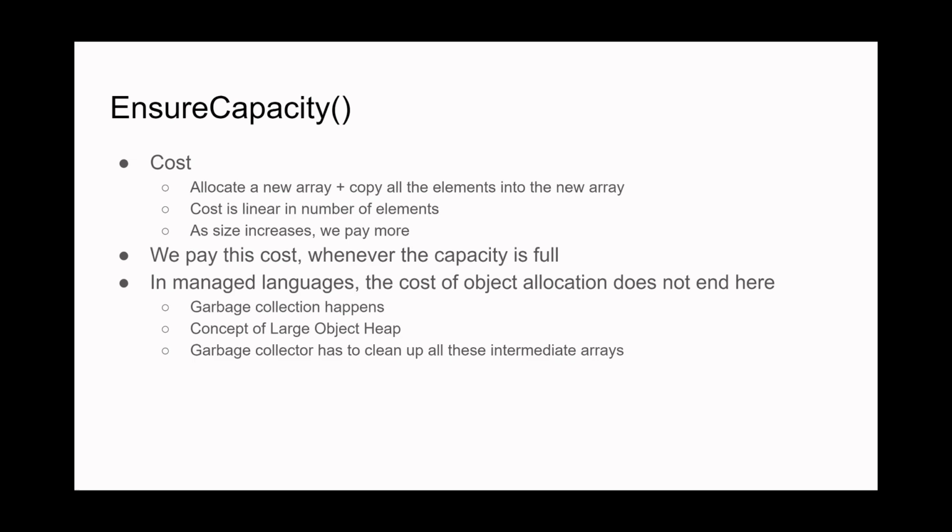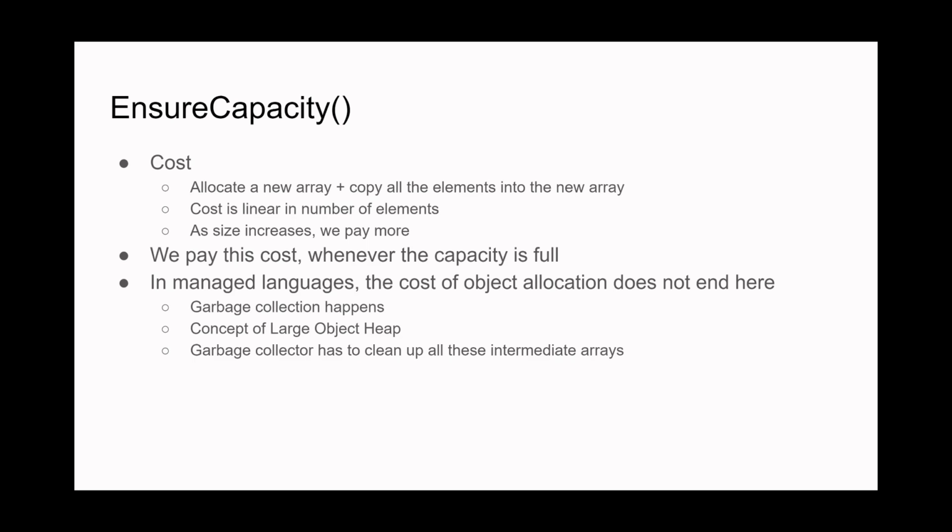So let's look at what is the cost whenever you call ensure capacity and it causes a new array to be allocated. The cost is you allocate a new array, the allocation cost, and then you copy all the elements into the new array. And if you notice, the cost is linear.